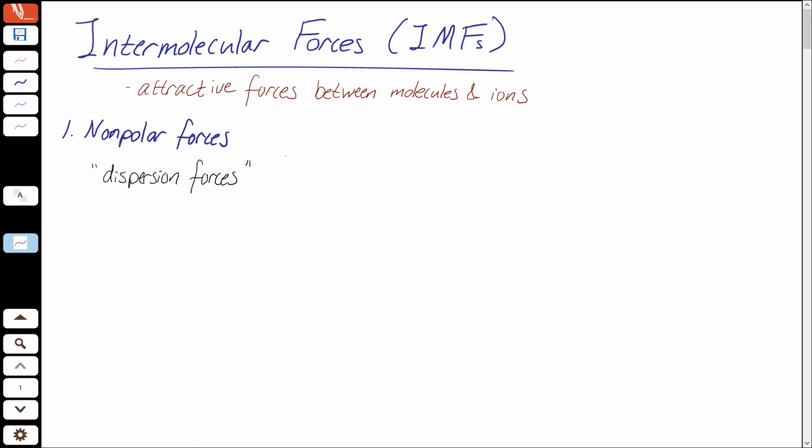So some other possible names that you may hear depending on the book or whoever's talking about it. We'll try to stick to the term dispersion forces because that's what this book calls them.